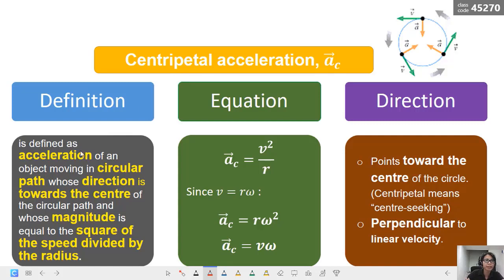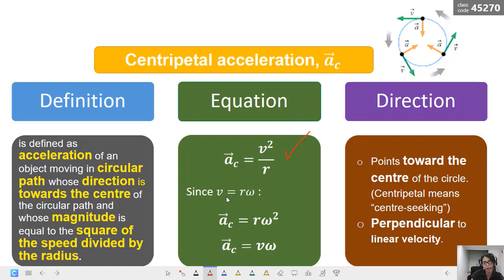Centripetal acceleration is the acceleration of an object that moves in a circular path, whereby the direction is always towards the center and the magnitude is equal to the square of the speed divided by the radius. This is the formula we use to calculate the centripetal acceleration: a_c equals v squared over r.